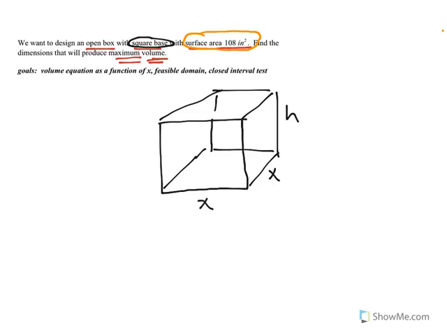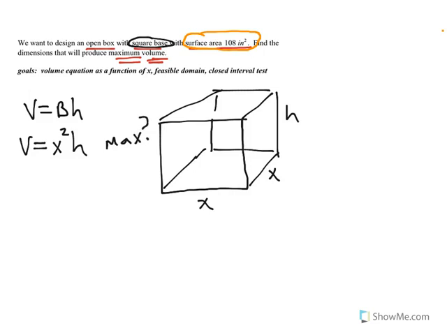If we wanted to represent the volume, since that's what we're trying to maximize, the volume would be the base area times the height, so x squared times h. And we're going to be looking to find a max on this.